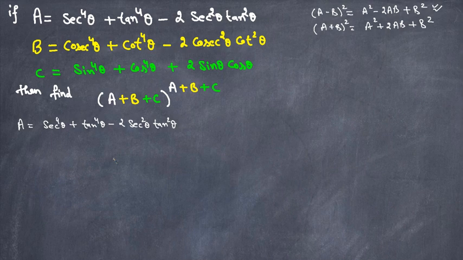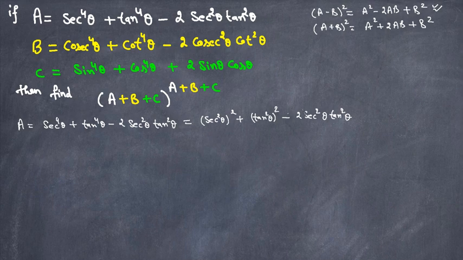So what we can do in this situation, if I write secant raised to power 4 theta as secant square theta square plus tangent square theta square minus 2 secant square theta tangent square theta. So that looks like this.